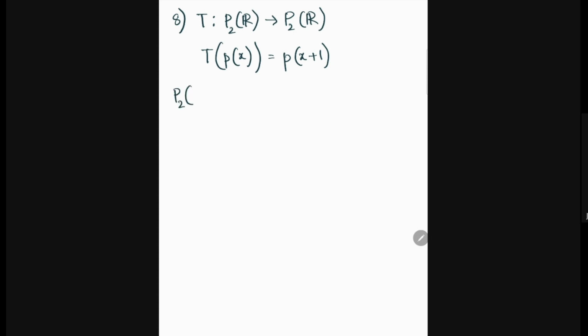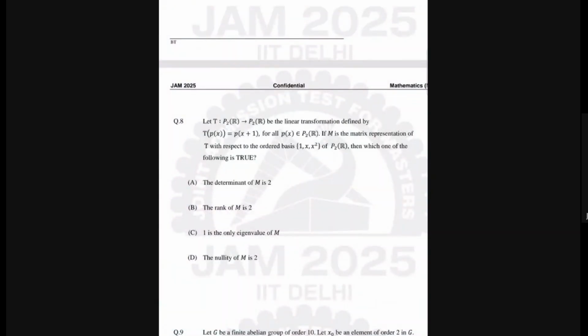Do you know what P2R signifies? In the question, they have said that 1, x, x square is the ordered basis of P2R. P2R is the space of polynomials of degree up to 2.